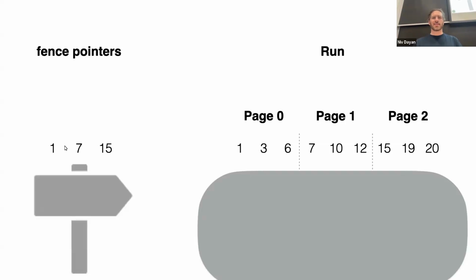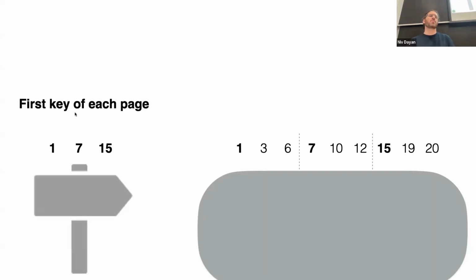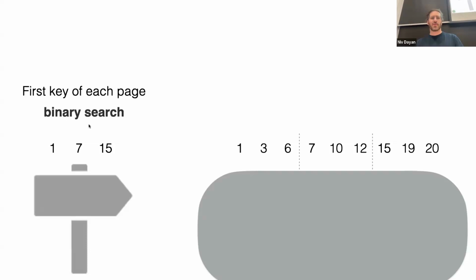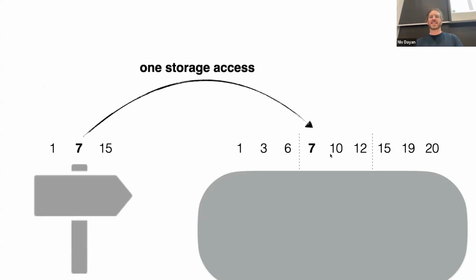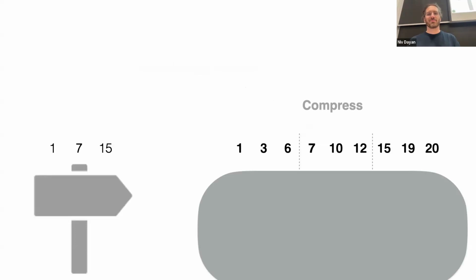So if this is a run and the run contains a bunch of pages and each page contains a bunch of data, here I'm just representing the key as an integer, but each one of these keys is actually a string. We can do a binary search over the fence pointers, and then access the relevant page in storage that contains the key we're looking for with just one IO. Make sense to everybody? Cool.